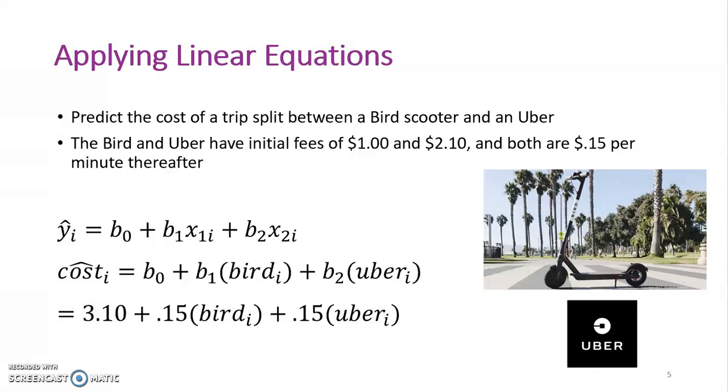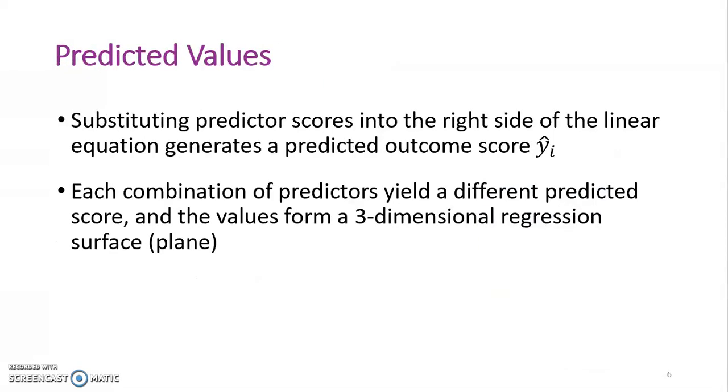That's the initial fees added for Bird and Uber. And then because both are 15 cents per minute thereafter, our slope coefficients for each are going to be 0.15 and 0.15. Bird means number of minutes spent on the Bird scooter, and Uber means number of minutes spent in the Uber.